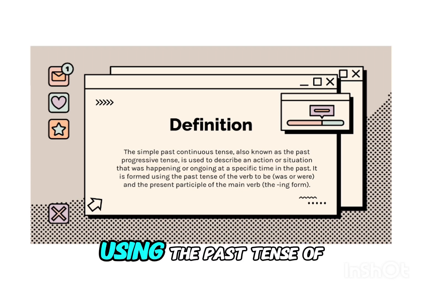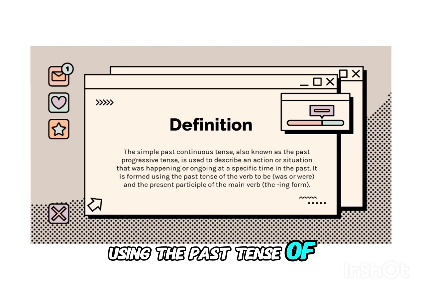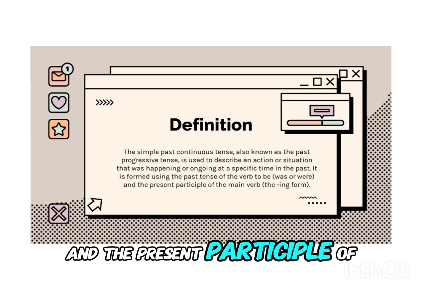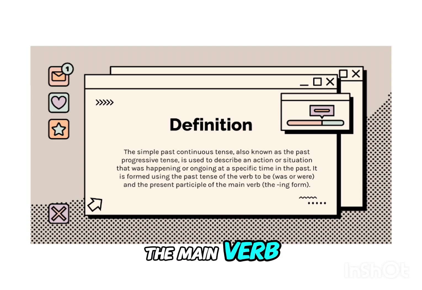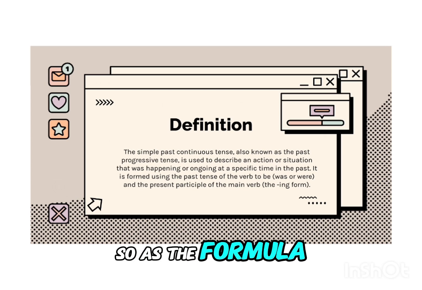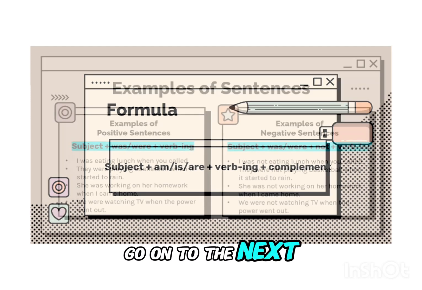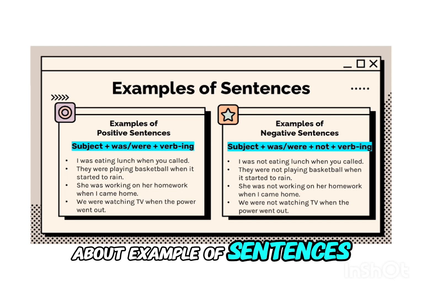It is formed using the past tense of the verb to be, was or were, and the present participle of the main verb, the ing form. So as the formula: subject plus was or were plus verb ing plus complement. Go on to the next, about the example sentences.